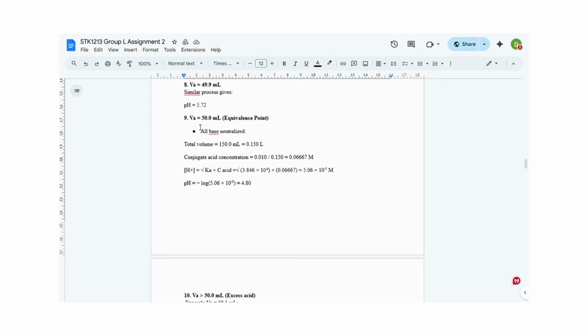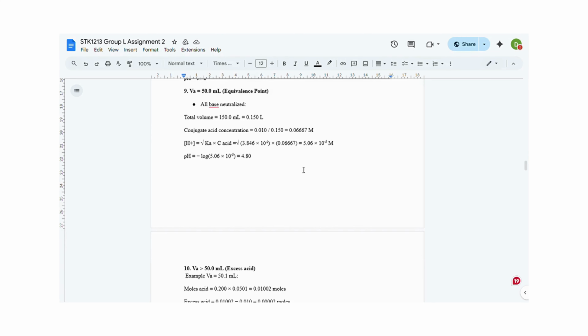And then we can calculate the H plus ion. This is how we calculate it: square root of 3.846 times 10 to the power of negative 9 times 0.0667, and then we get 5.06 times 10 to the power of negative 5 mole. And pH we can directly calculate, which is the acid, because all base is already neutralized, so we just calculate the acid, and then we get 4.8.